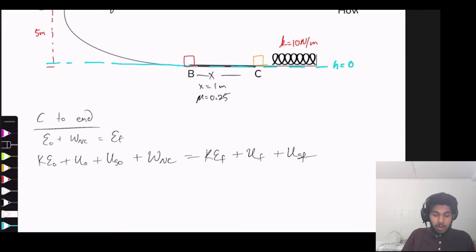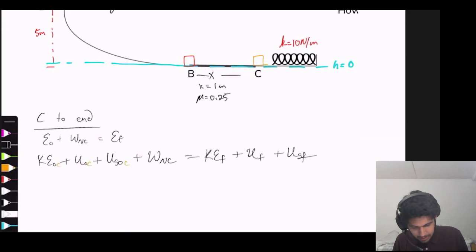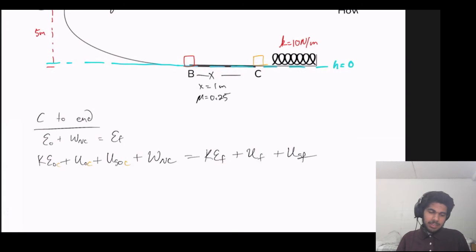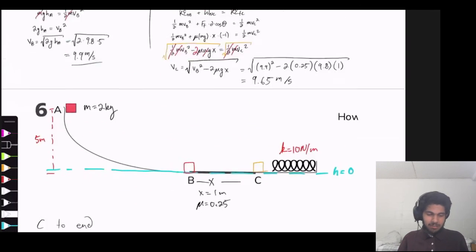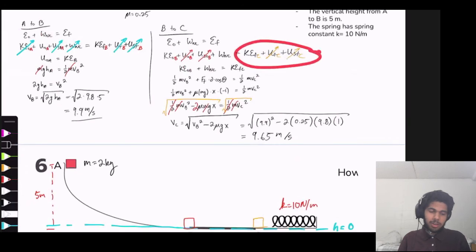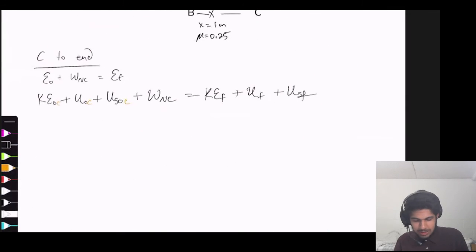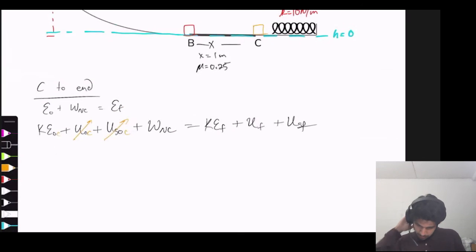We're starting at C, so let me put our subscripts C on the left side, and then here I'll just leave it as F, because it's just some final position. If this left-hand side has to do with C, we already analyzed the energies at C, and we said that only kinetic energy is there, the other two go to 0, so let's say the same thing here. This goes to 0, this goes to 0. And you can check that to be sure.